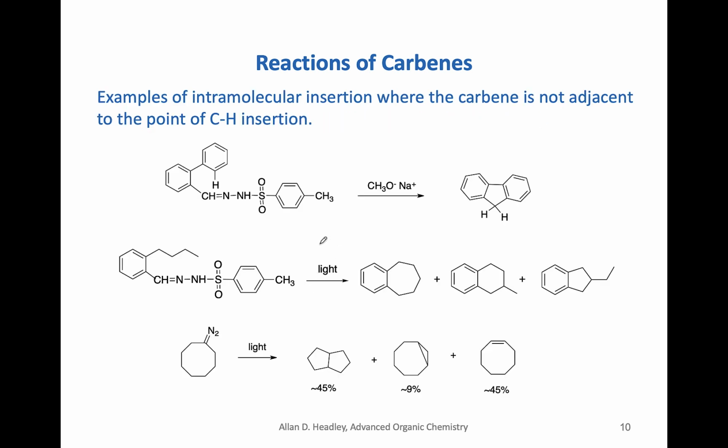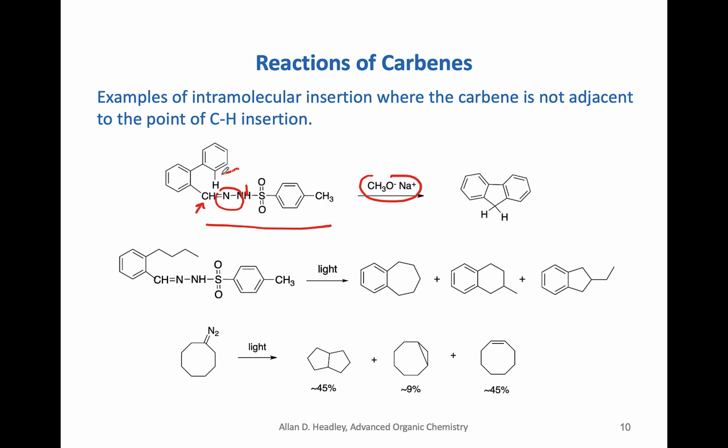This is another example here. So strong base, hydrazone, tosyl hydrazone, acidic hydrogen. So what you'll expect is the carbene right here, after this comes off as nitrogen. So this is the carbene.